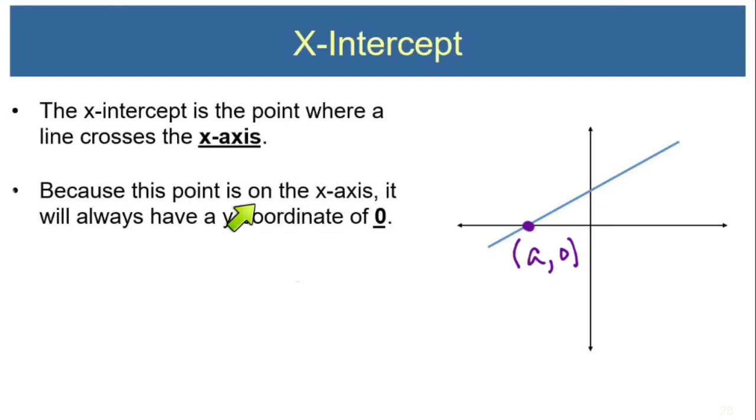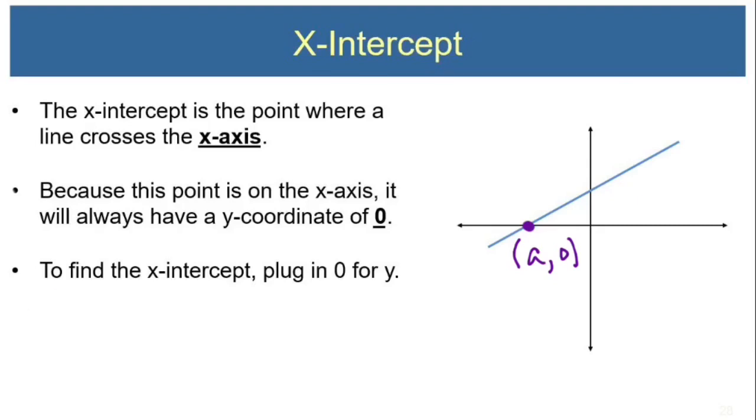So again, because this point is on the x-axis, it will always have a y-coordinate of 0. To find the x-intercept from an equation, all we have to do is plug in 0 for y, because the one thing we know about the x-intercept is that its y value is 0. So to find the x-intercept, plug in 0 for y.